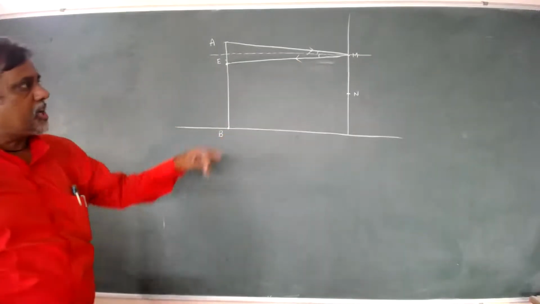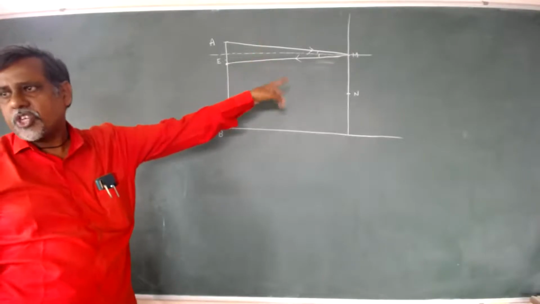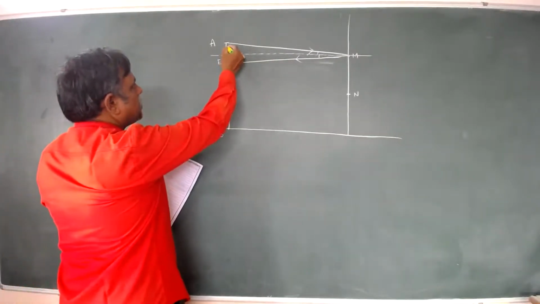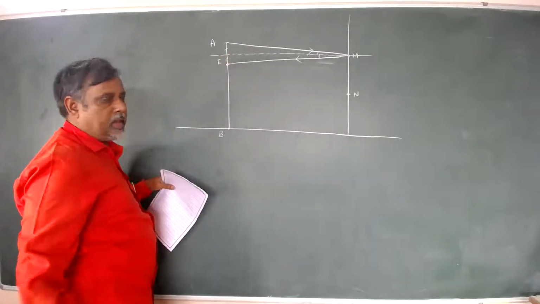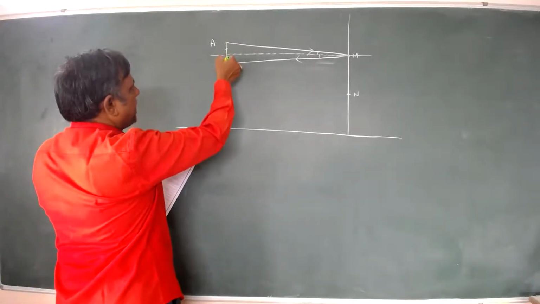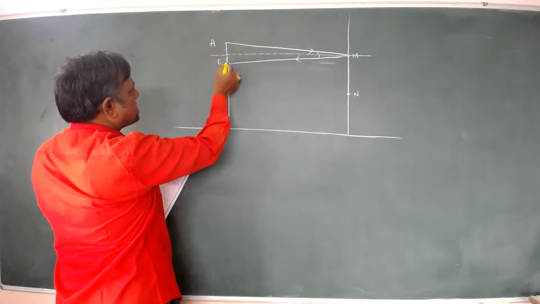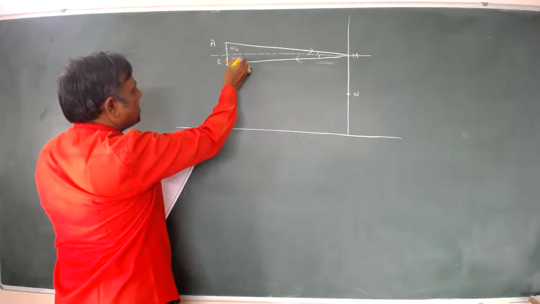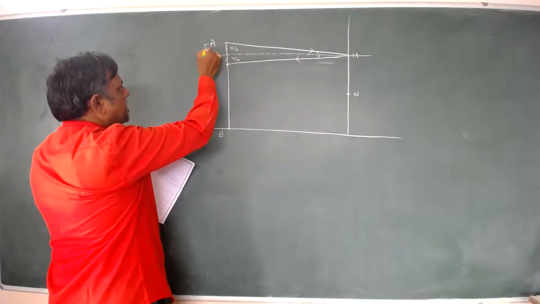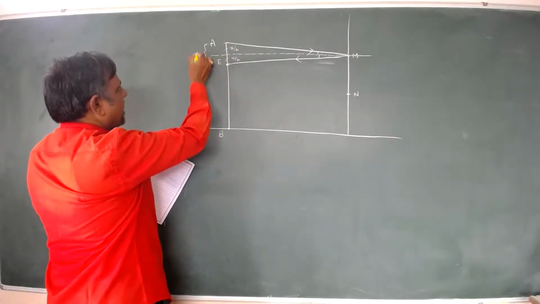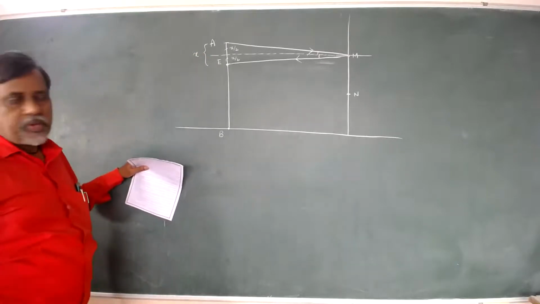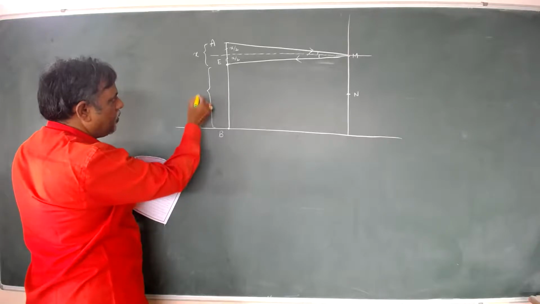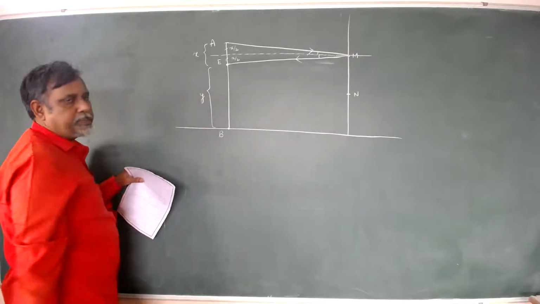In regular reflection, the angle of incidence and the angle of reflection are the same. If you take the distance A to E as x, then this becomes x by 2, and this becomes x by 2. The distance between the eye and the feet of the observer, say this is y.